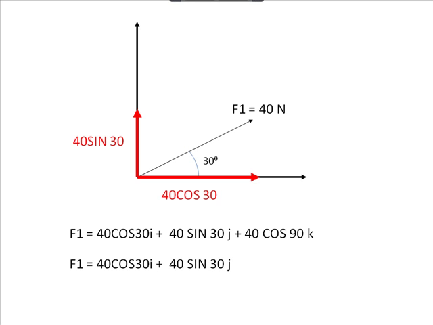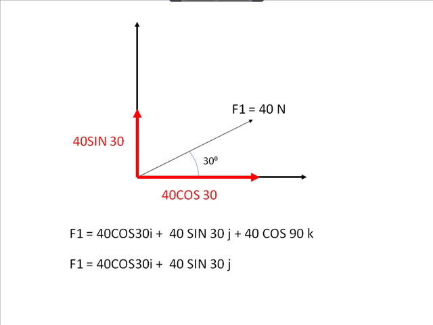Therefore this force in vector form is popularly written as 40 cos 30 i plus 40 sin 30 j. Now see, this technique of resolution we need to master. Either we talk about expressing force as a vector, or we say that the force is resolved in x and y direction, and the components are as shown here, 40 cos 30 and 40 sin 30.